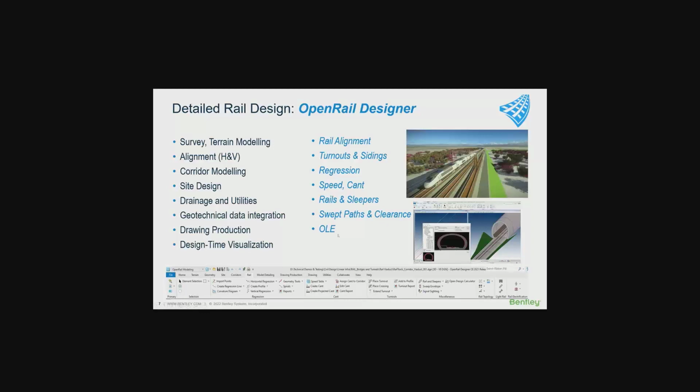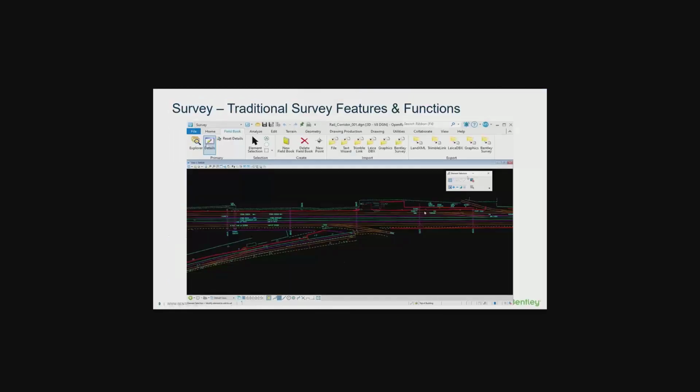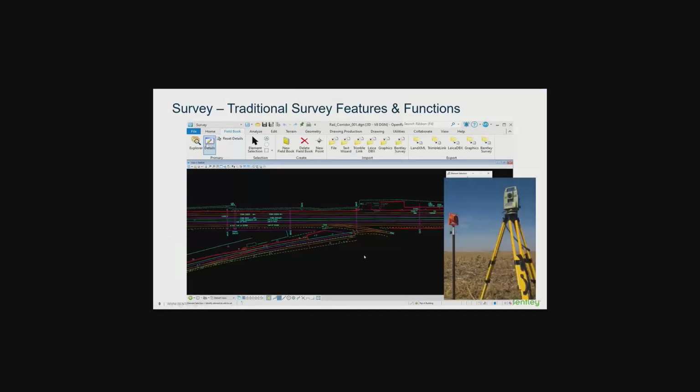Okay, although if you would go back to this Bentley Civil Designer family, if you need to have the full capability of designing, based on engineering principles, the overhead line designer is the software for you. Okay. Now, moving on to some of the specific functions of the software, before I focus on the turnouts.